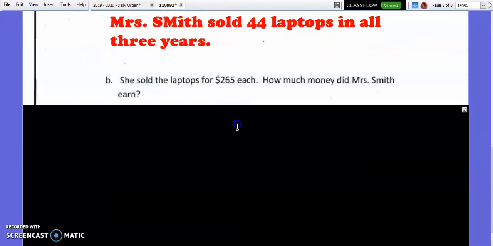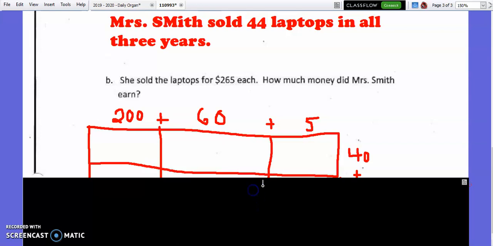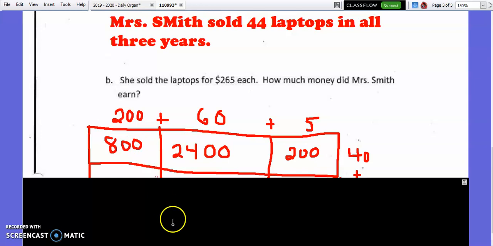So I use this revealer on my computer screen, and I gave the students an index card so that they can just focus on what they need to multiply. 40 times 5. 5 times 4 is 20, and because this 40 has a 0 in the ones, I need to add it to the ones of my answer. 6 times 4 is 24, and because there's 2 zeros, I need to add 2 zeros. 4 times 2 is 8, and there are 3 total zeros, which fills in the bottom.